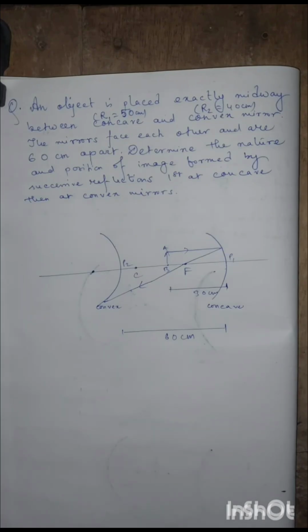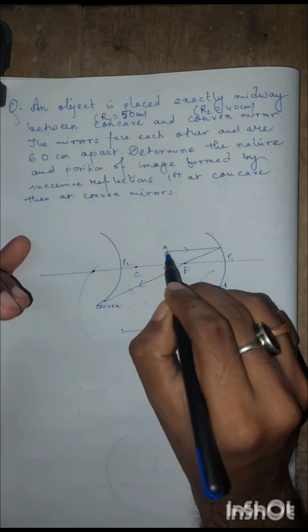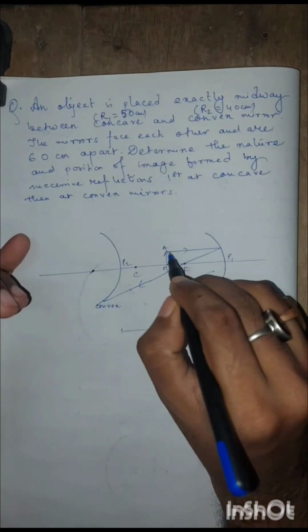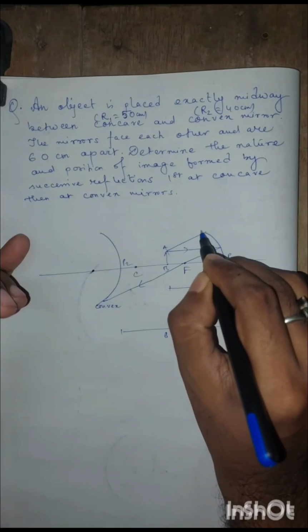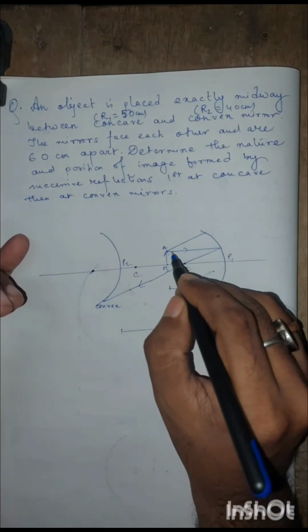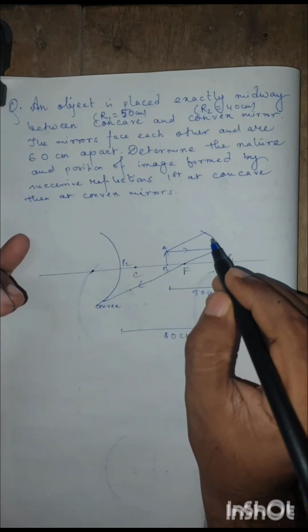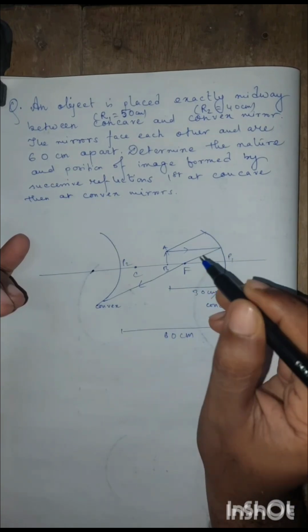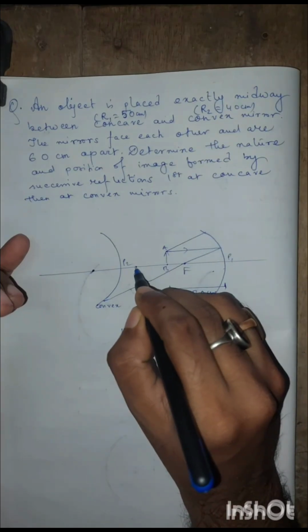And let us assume another ray from point A is coming out and after getting reflected by the concave mirror, it passes through the center of curvature.